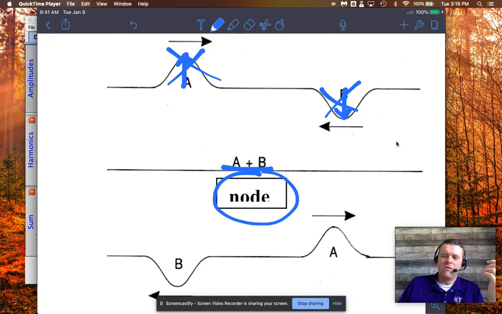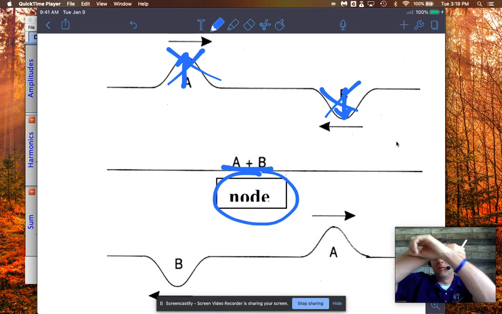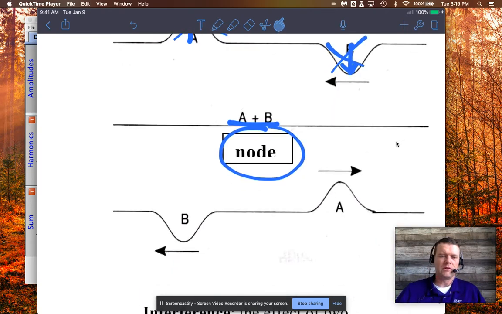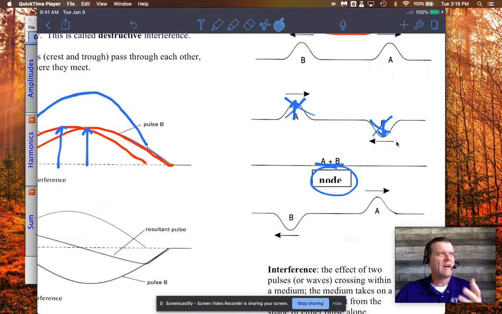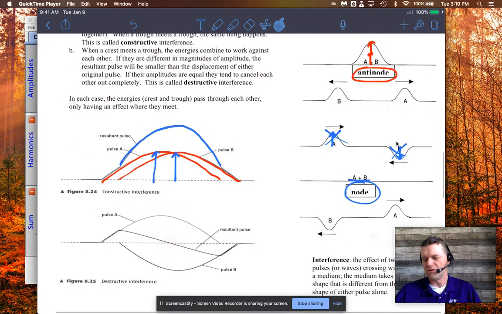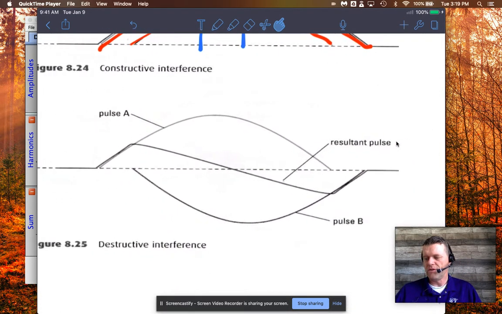And what's really cool about waves, of course, is that this just happens for the few milliseconds or seconds that the waves are actually interacting, but then they pass through each other. As you can see here in the diagram, pulse B continues to the left and pulse A continues to the right. In class, if we had some springs, you could actually see this, and it's kind of fun to observe. But anyway, here's an example of destructive interference.